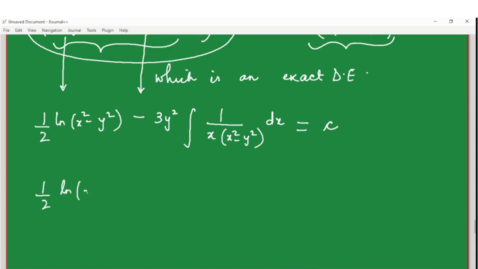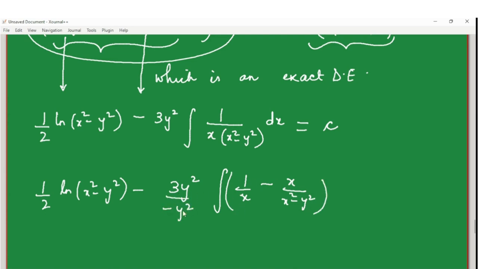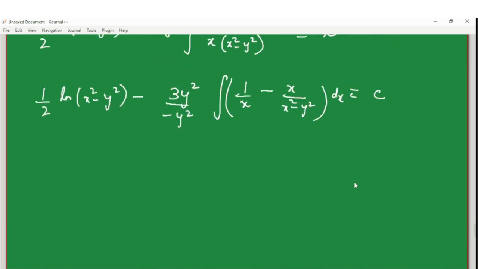It's just a matter of integrating this easy integration. If you go back to your integration rules, it's easy to see that you can do partial fractions like this, and your derivative gets adjusted in this format. I've written 1 upon x into x square minus y square as a upon x plus bx plus c upon x square minus y square. When you do the partial fractions and integrate with respect to x, this is what your answer looks like.